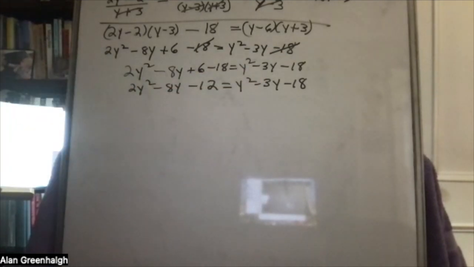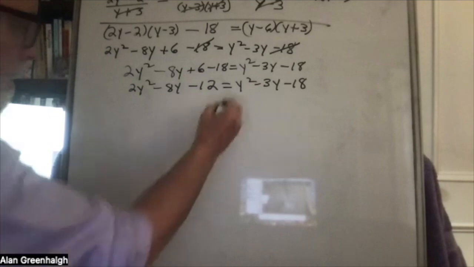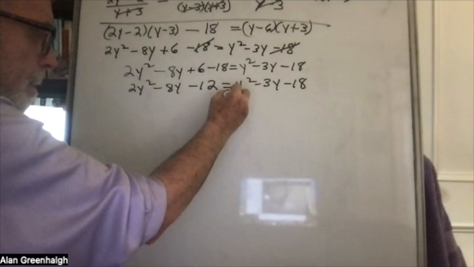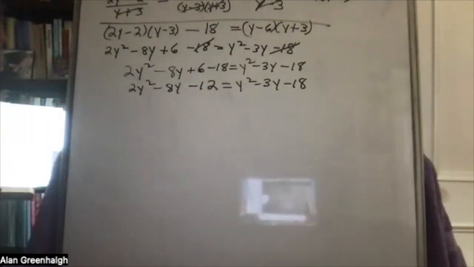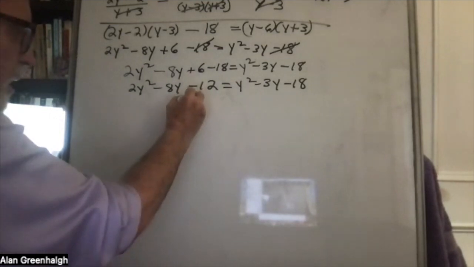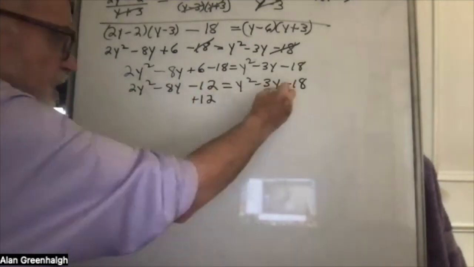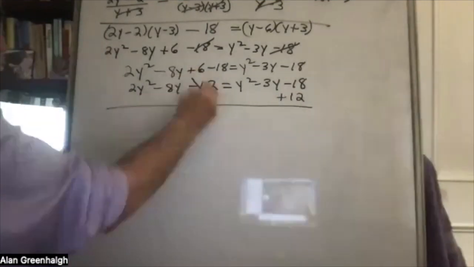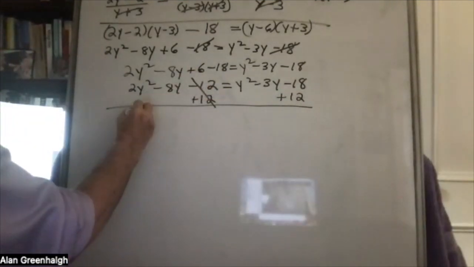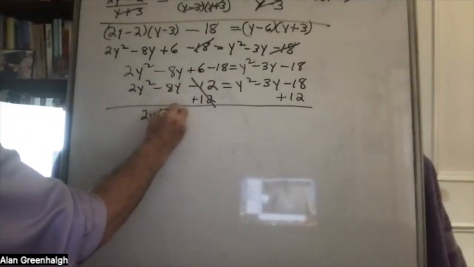I subtracted the -12, canceled the -12 and moved it to the other side. Okay, you want to do this first. I wouldn't have done that, but okay, that's that. You got that, right? And you're left with this.